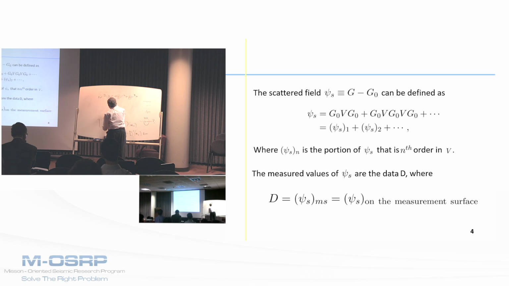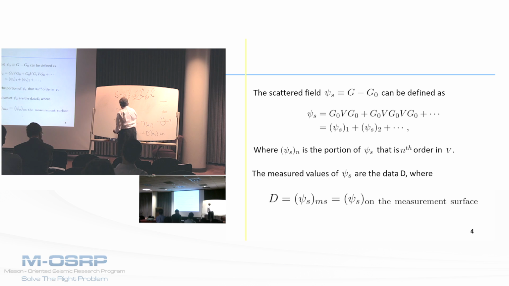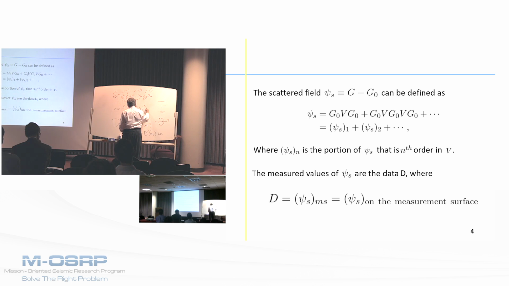In other words, if we consider this S1, S2, S3, meaning this is the portion of S that's linear in R, the portion of S that's quadratic in R. You get a series for R from wherever that slide was, which looked like S over A minus S over A squared, and so on.